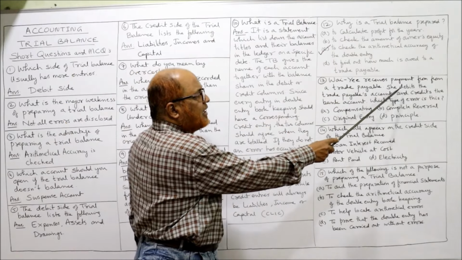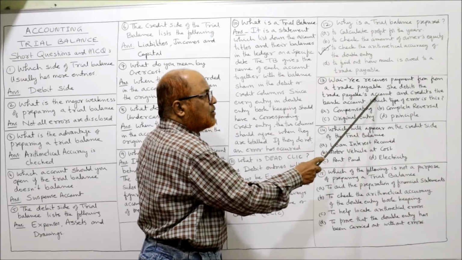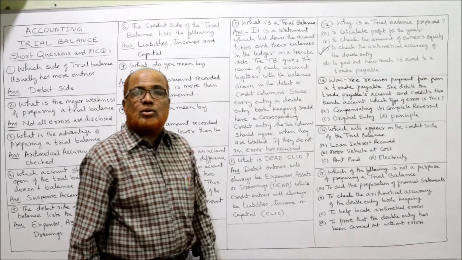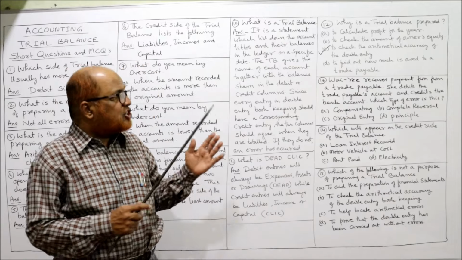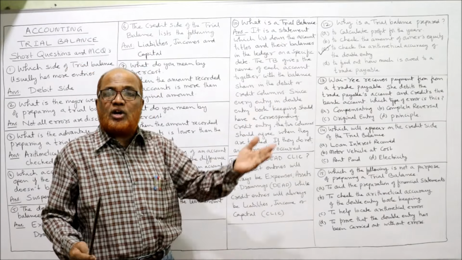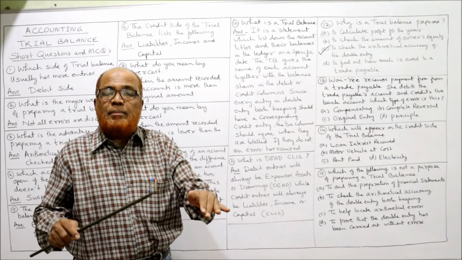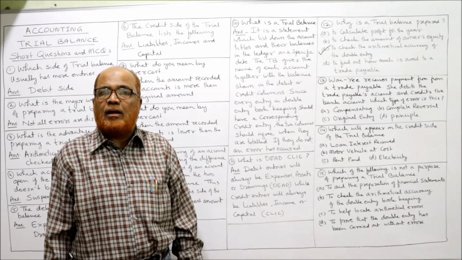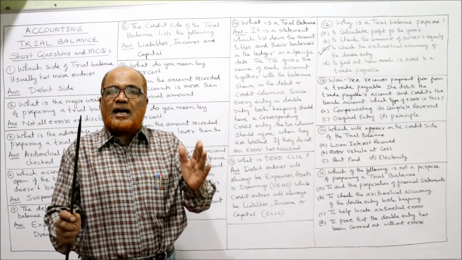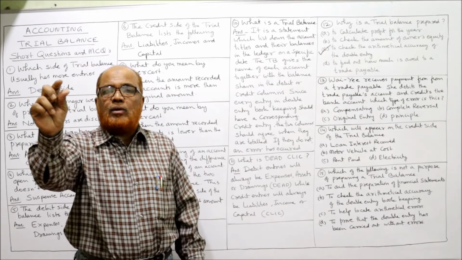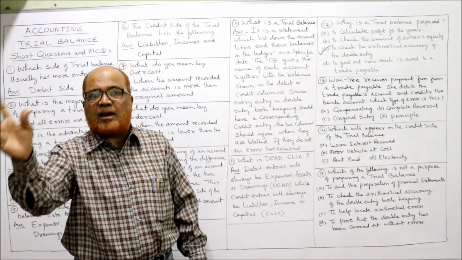And she debits the trade payables account and credits the bank account. Opposite, ulta. What has she done? She has debited trade payable and credited bank account. The correct entry is bank account debit, trade payable credit.